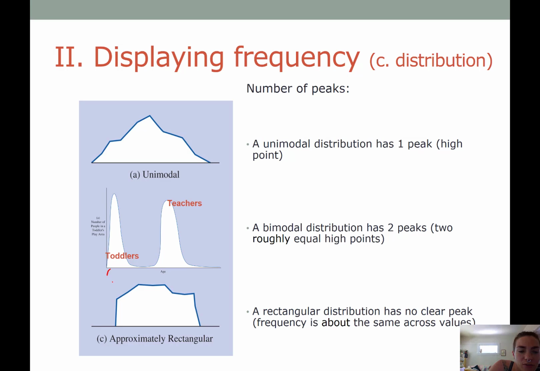So if this is 0 and this is, let's say, 60, then we have a lot of people who are maybe 30, and we have a lot of people who are maybe 4, right? And few people in between those ages. And what you might imagine is this could be reflective of the toddlers and the teachers in the room. There's not very many people between the ages of the toddlers and the teachers. So we don't have teenagers in the daycare facility.